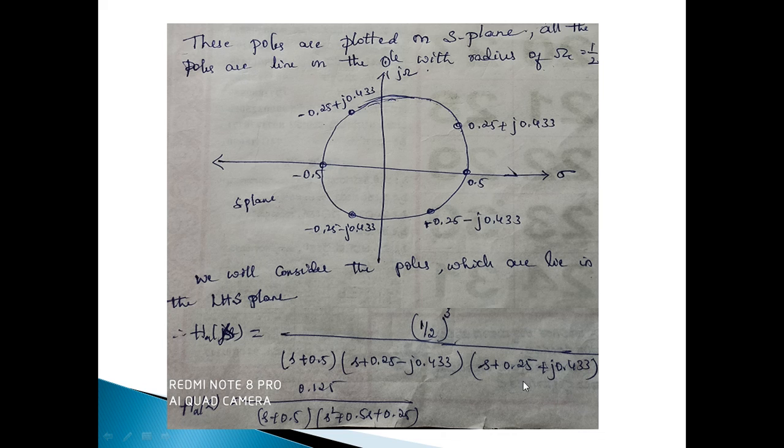If I simplify this one, we'll get the final answer as 0.125 divided by (S plus 0.5) into (S square plus 0.5 S plus 0.25). So this is the required transfer function, the analog filter transfer function.